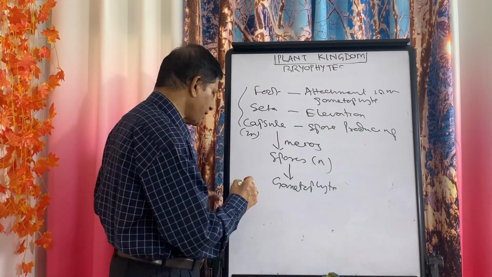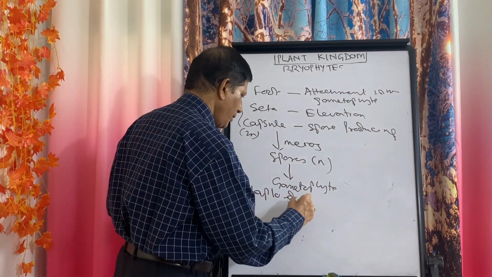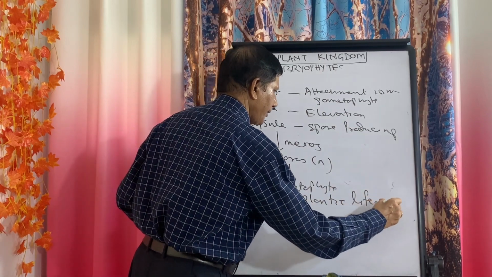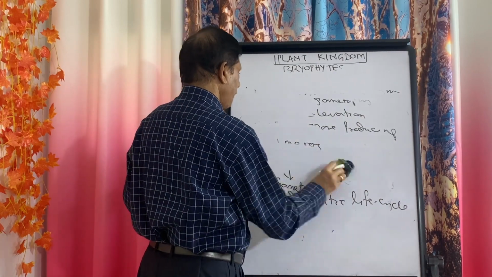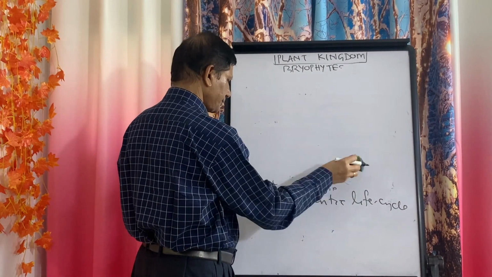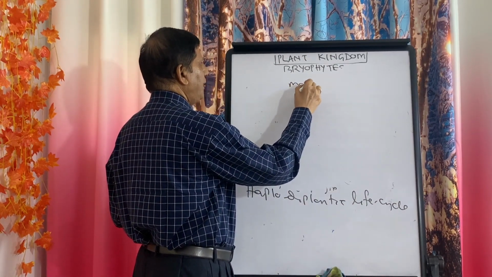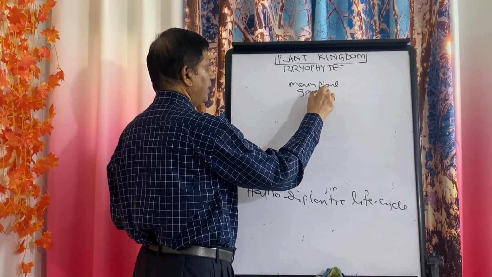That means this type of life cycle is known as the haplodiplontic life cycle. So if we discuss briefly the haplodiplontic type of life cycle, this is the main plant body, that is the gametophyte.